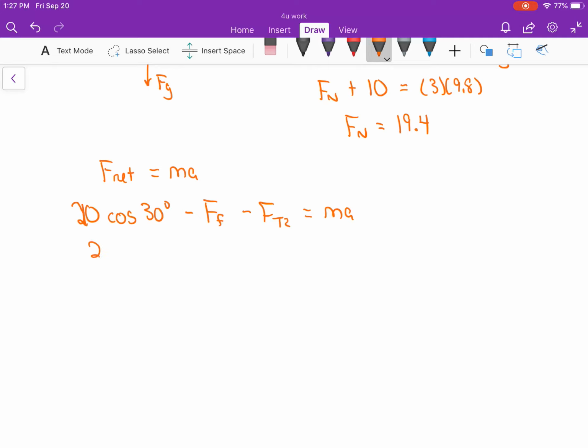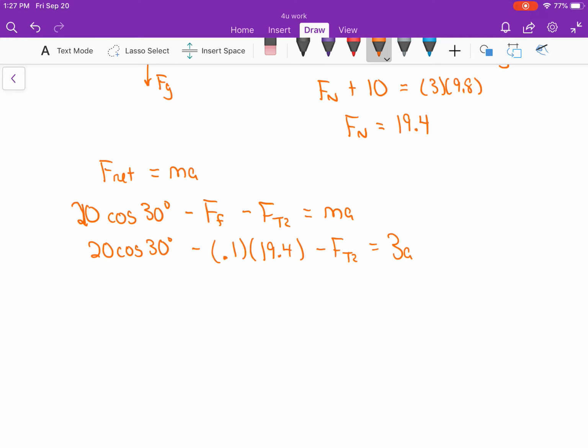So 20 cos 30, we'll crunch that out with a calculator, that's just a number, minus the coefficient of friction, for this one was 0.1, times the normal force of 19.4, then I've got that string that I can't go any farther, is equal to 3a.